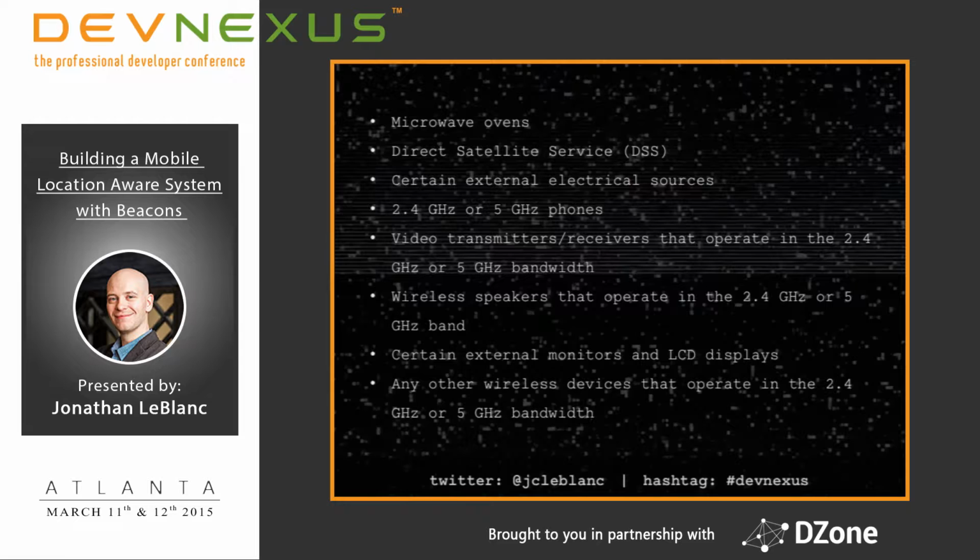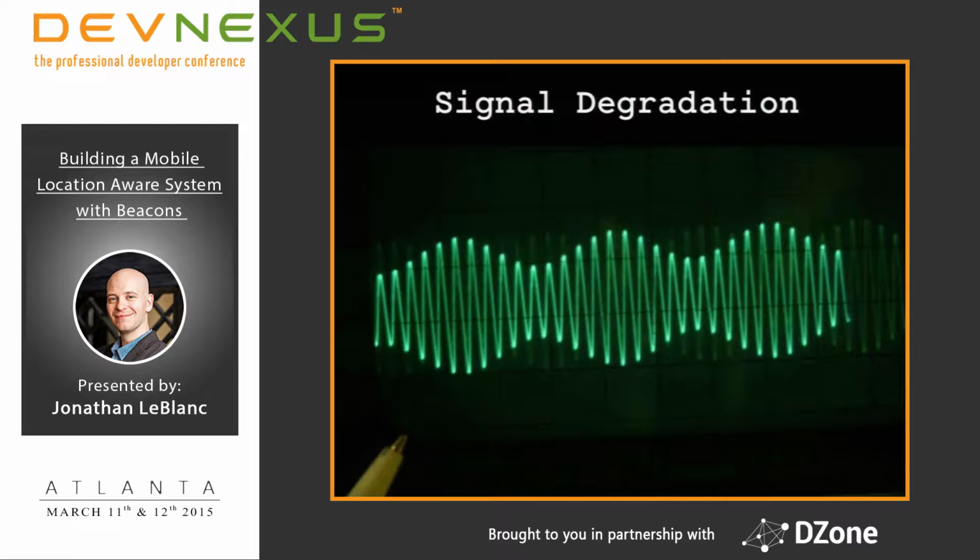So the other issue that you're going to run into is signal degradation. The signal degradation issues that you're going to run into have to do with physical properties of things that the signal has to go through. So how many of you have seen that animated GIF of a Wi-Fi signal filtering through a house?